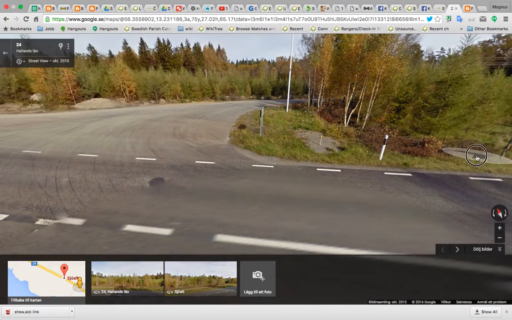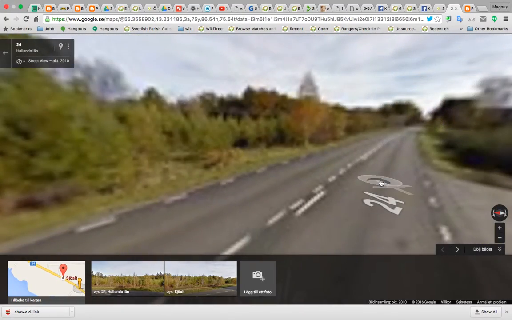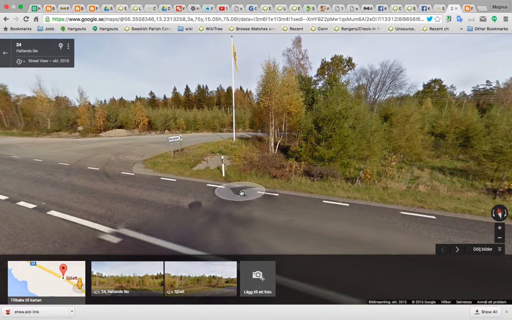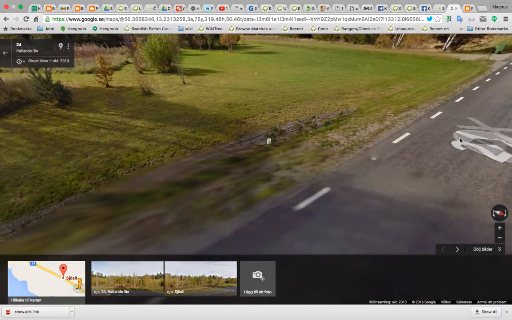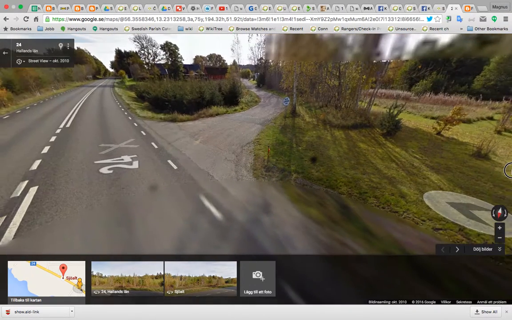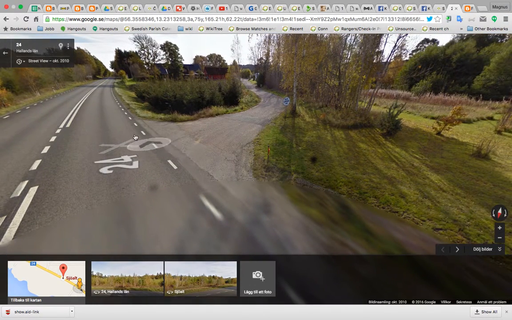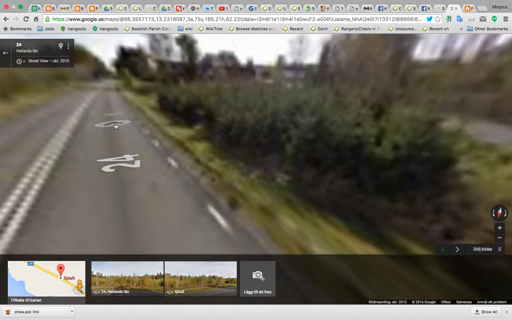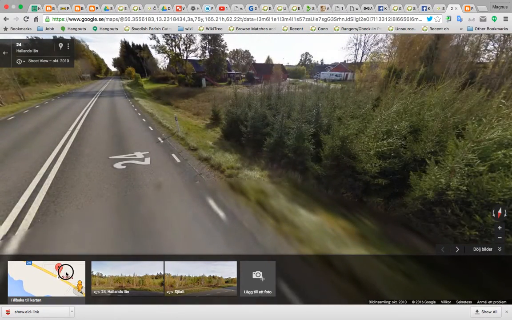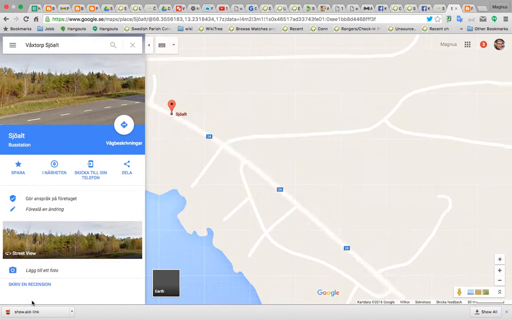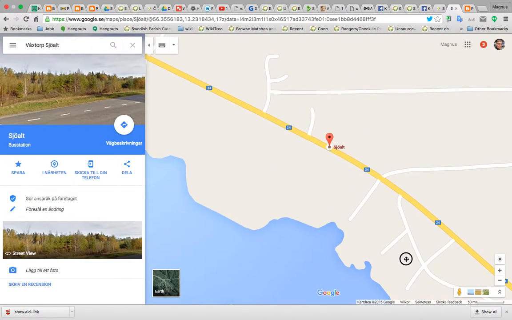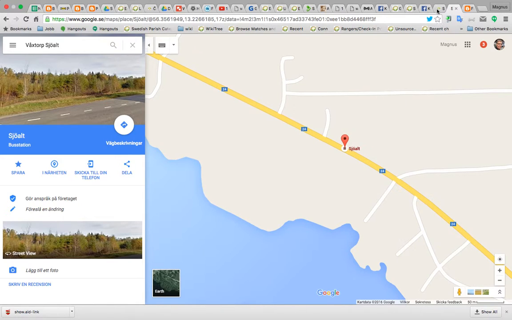What does it say on this sign? Is that bergtäkt? That's nothing. That's just, I don't know what it is. So, we can check. If we check on this map, we have it like that, and then we check.